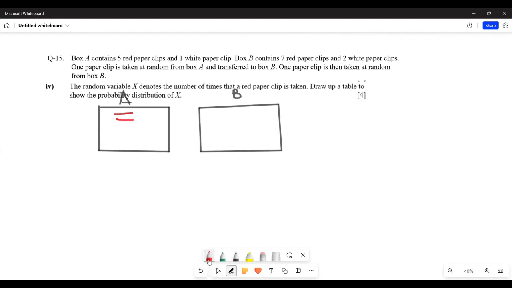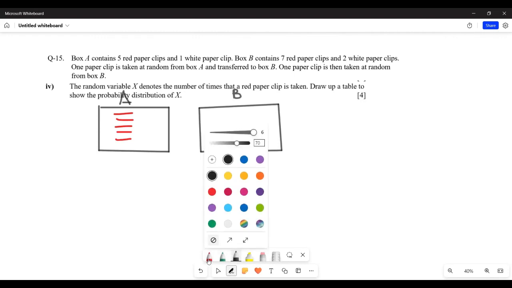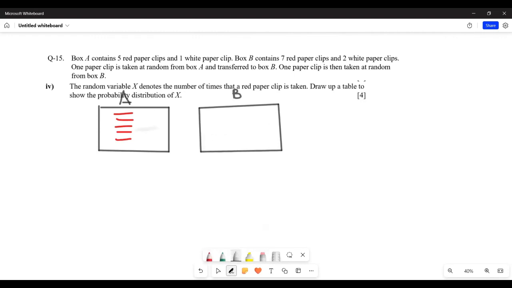So 1, 2, 3, 4, 5 red and 1 white. White को किस कलर का करें? ग्रे कर दें। नजर आ रहा है? Yep. Okay. और दूसरे में 7 red and 2 white.